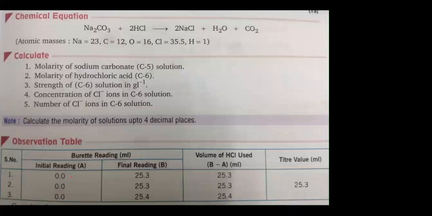Then the volume of HCl used is 25.3. In this tabulation, you will see that we have got two exactly the same readings, that is 25.3. These readings are called concordant readings, and that will be used as my titer value.